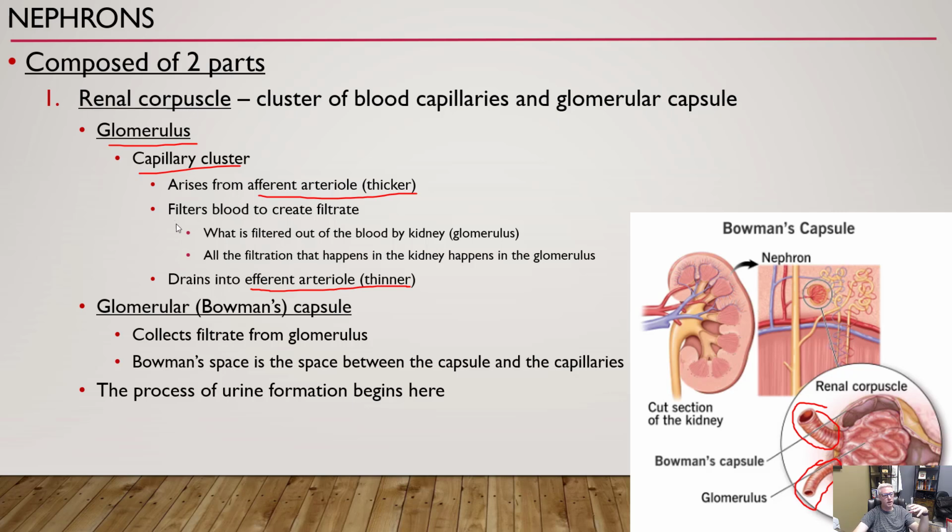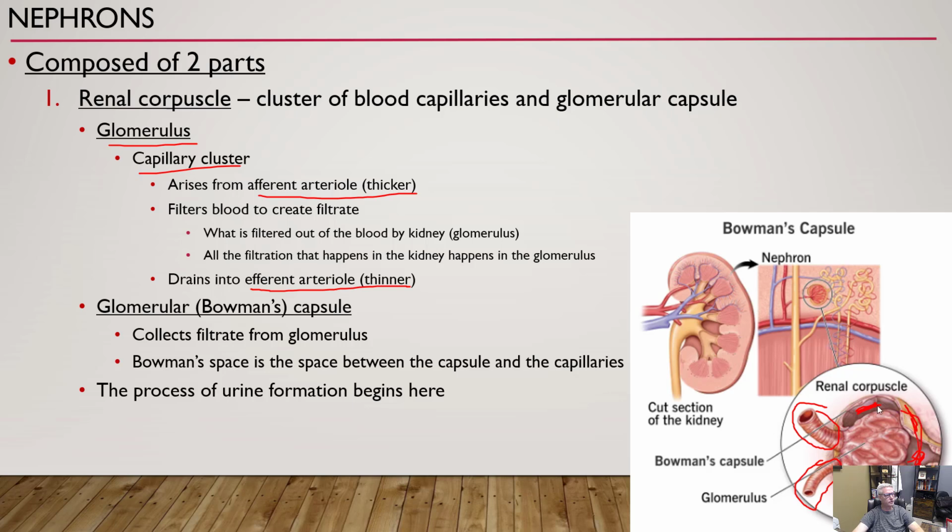So blood flows into the afferent arteriole, and it goes around this first capillary network, or first capillary bed, or the glomerular capillary system, whatever you want to call it. And some stuff is going to get filtered out of the glomerular capillaries into this little space right here. That space is called the Bowman's space.